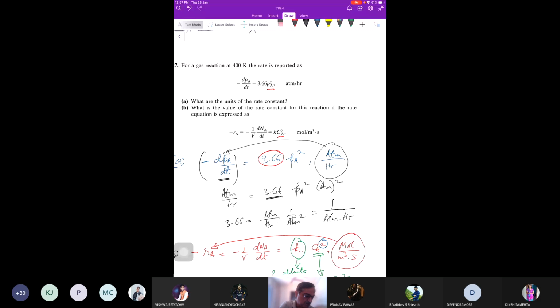So what we'll do is we'll substitute for PA, right, in terms of CA, right, and put the values of temperature will be 400 Kelvin because PA is equal to CA into RT, and R का वैल्यू क्या रहेगा वो देख लेना आप consistent units के लिए, because units are important. And then when you substitute, you'll get equation in this term and the value of K also will come.